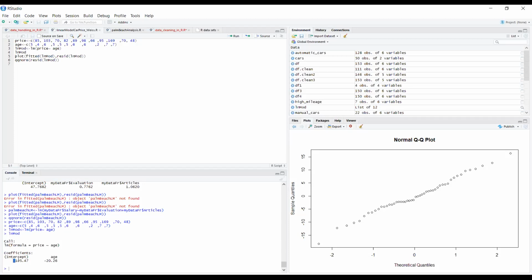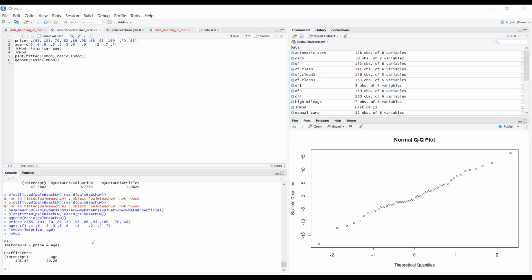Now you have exactly the same values that I showed in the slides. Age, this is beta 1, and this is beta naught, your intercept. So what will be the model? You can write down the model with these two values.